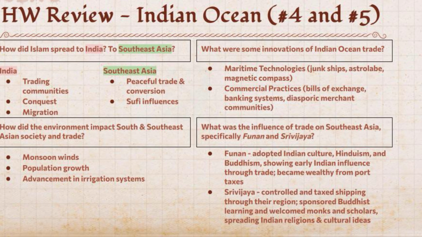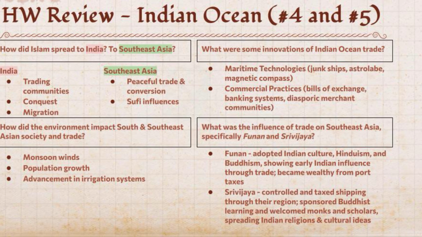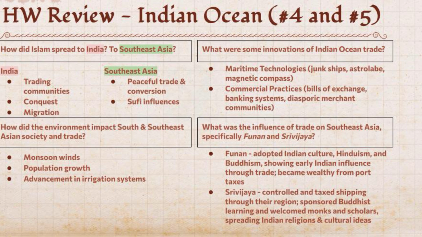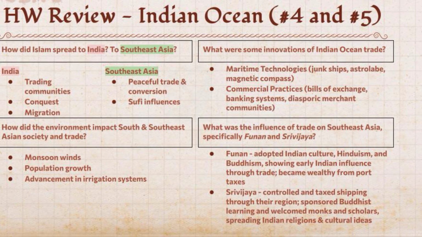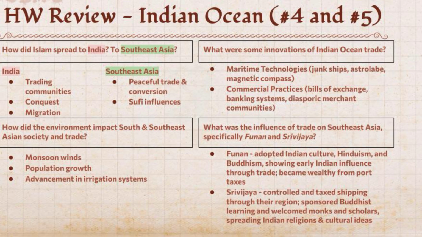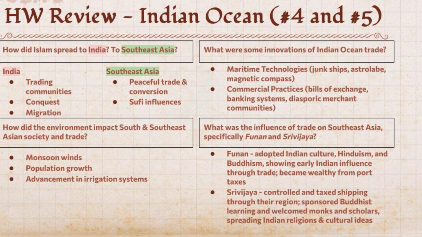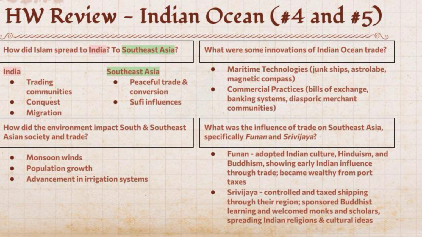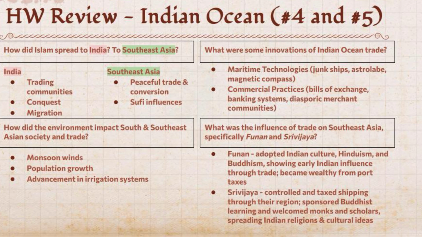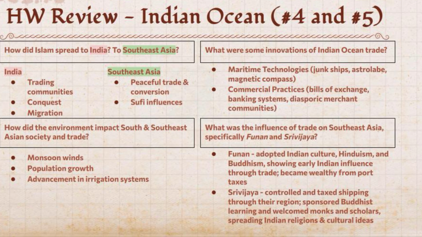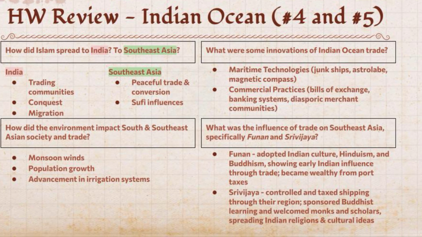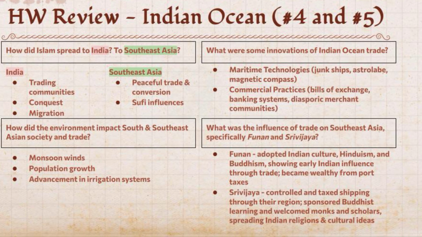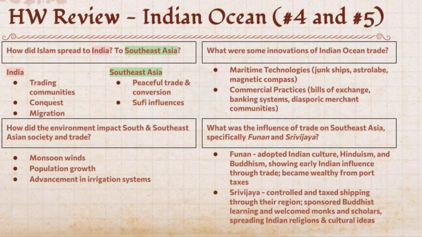Another way the environment impacted South and Southeast Asian society and trade was the advancement in irrigation systems. We talked briefly about this in the last unit, particularly focusing on the Khmer Empire, or Angkor Wat Empire. Remember, they built some very complex irrigation systems that basically utilized unpredictable rainfall.